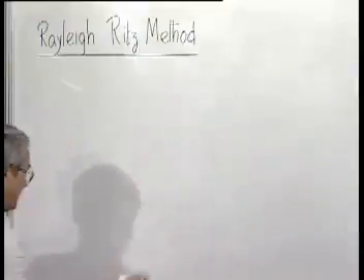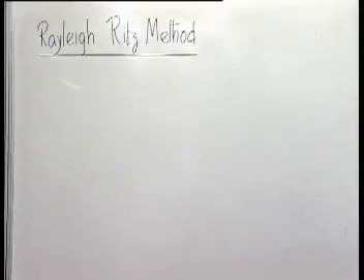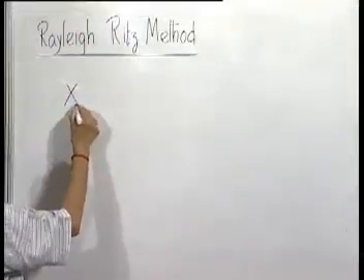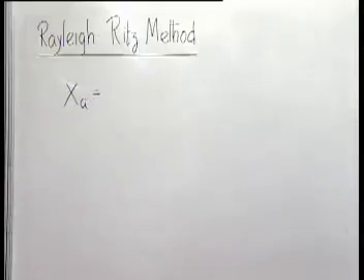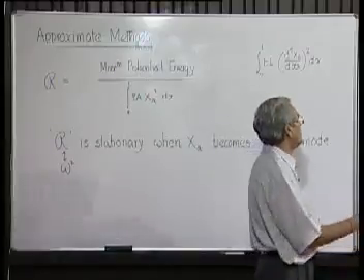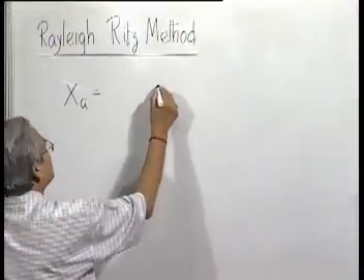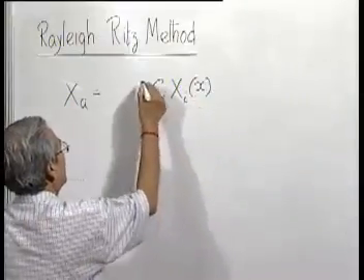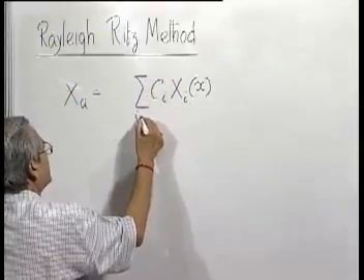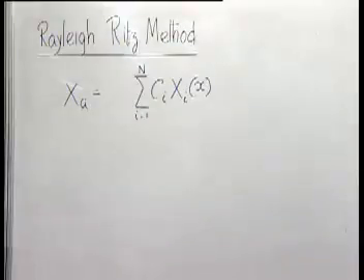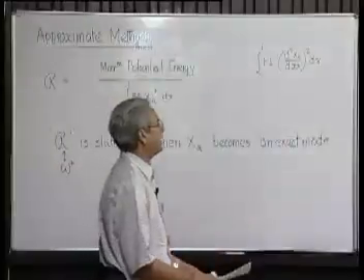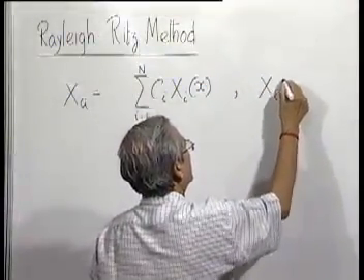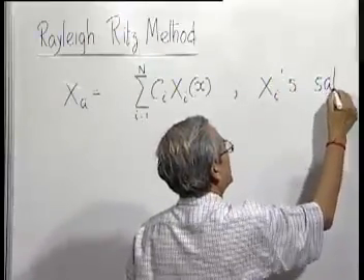So, in the Rayleigh-Ritz method, this assumed deformation shape is expressed in the form of a series or in terms of a number of functions, where each Xi satisfies the boundary conditions as much as possible.